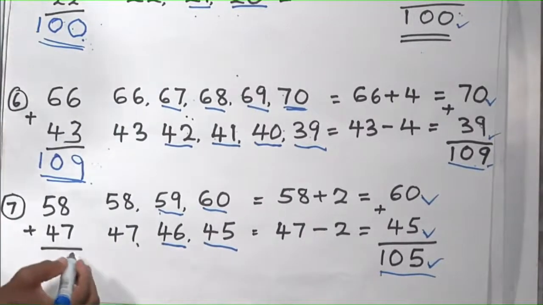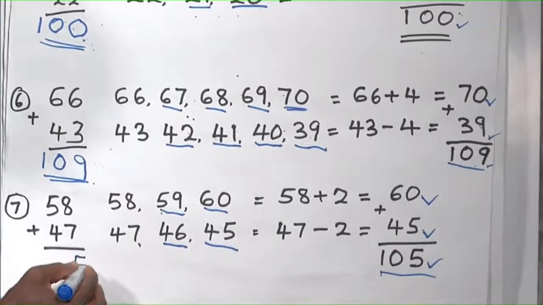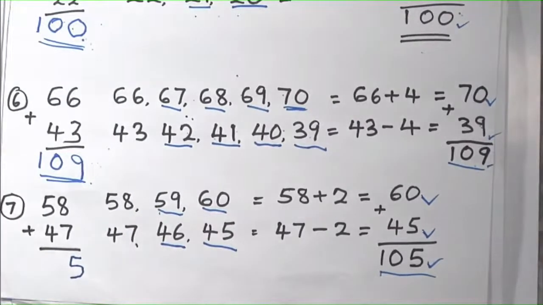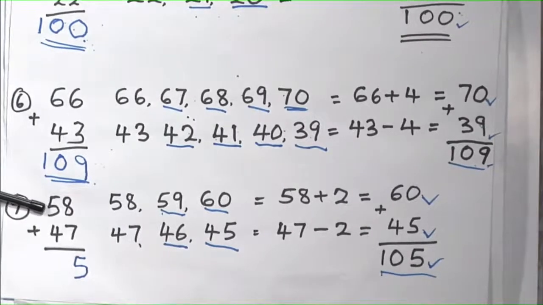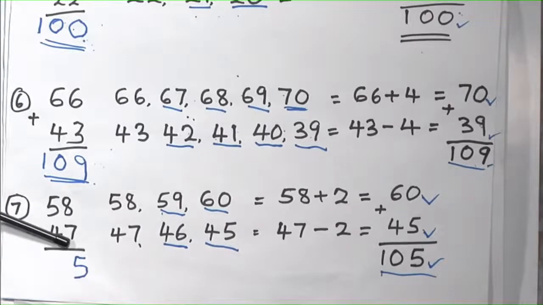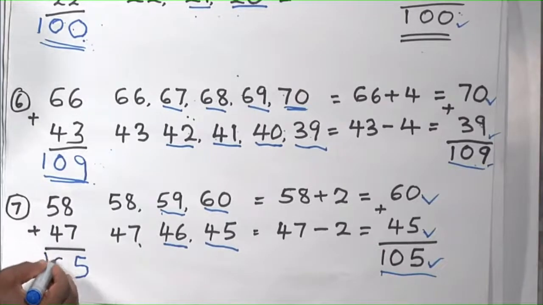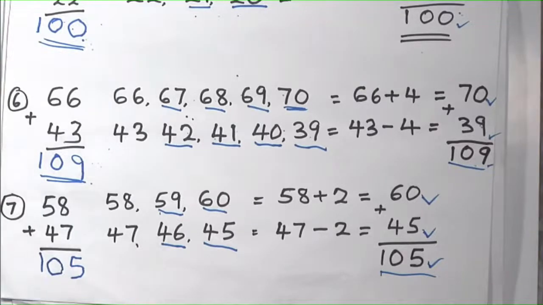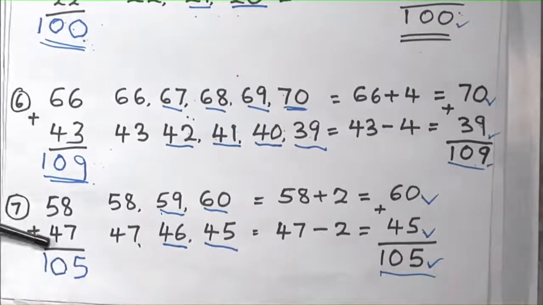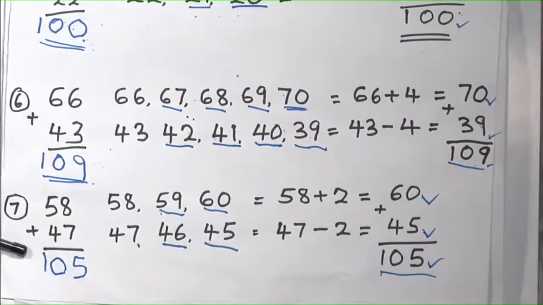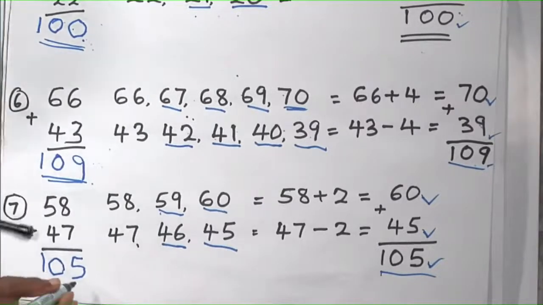So what do we put here? 5. Carry 1. 1 plus 5 will be 6. 6 plus 4 will be 10. Good. So 58 plus 47 will give us 105.